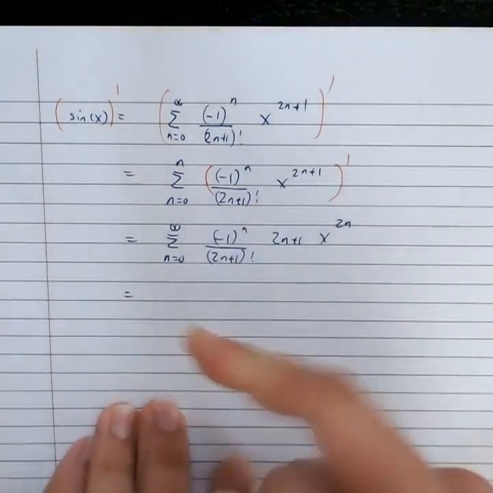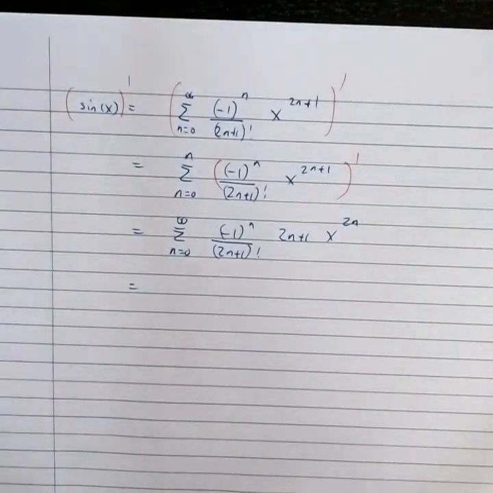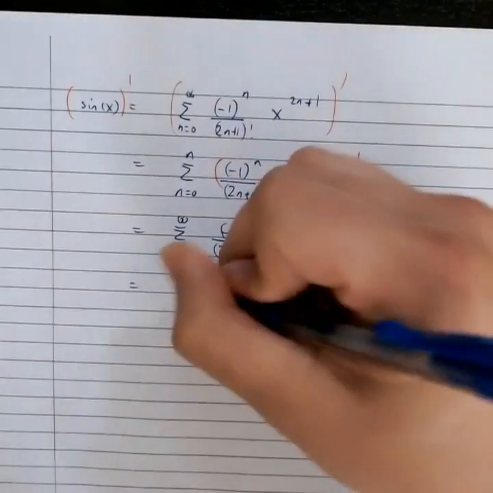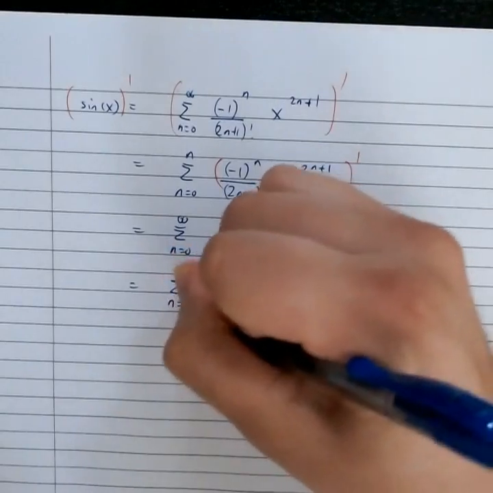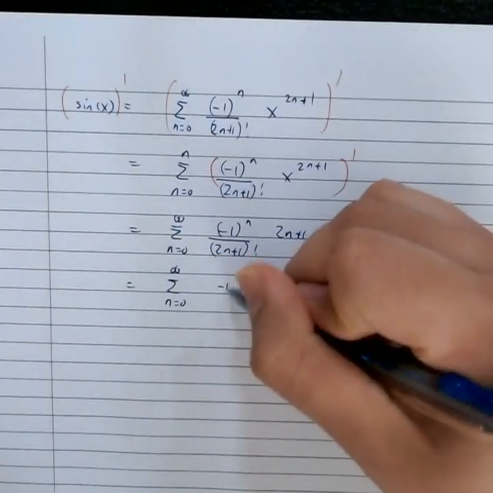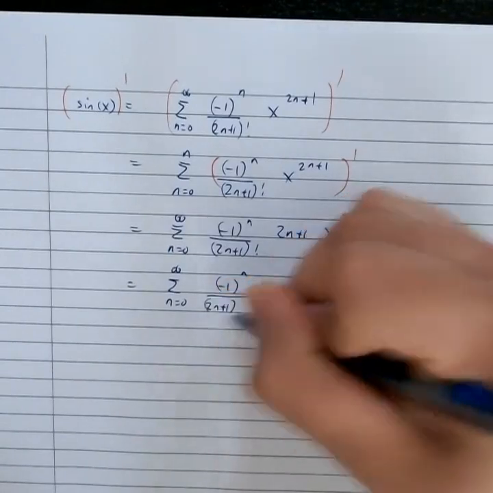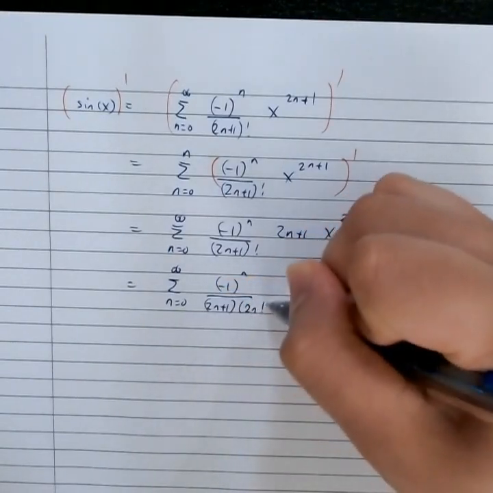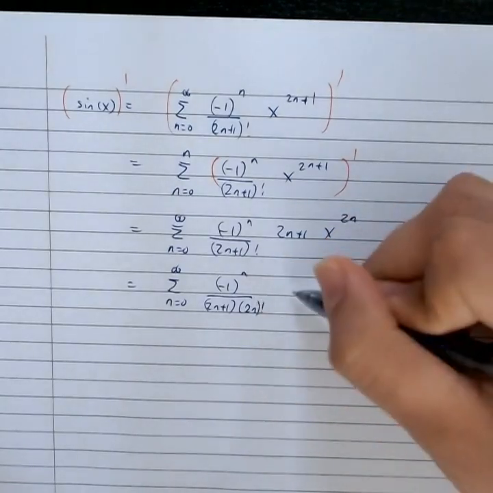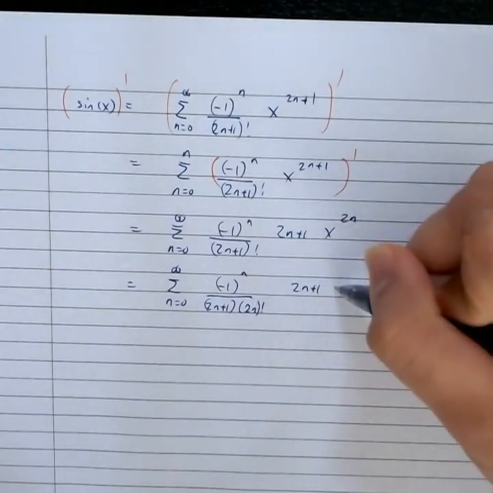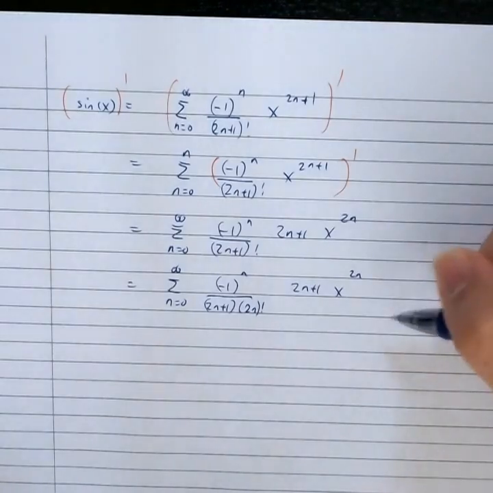Notice that 2n plus 1 factorial is really 2n plus 1 times 2n factorial. I can write this as the sum as n goes from 0 to infinity of minus 1 to the n over 2n plus 1 times 2n factorial. We've had lots of practice with that so far. Times 2n plus 1 times x to the power 2n.